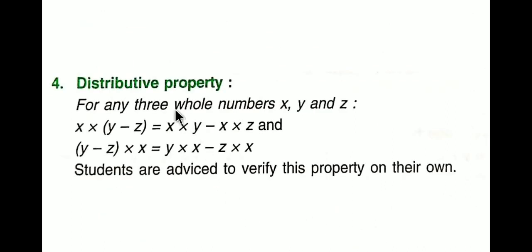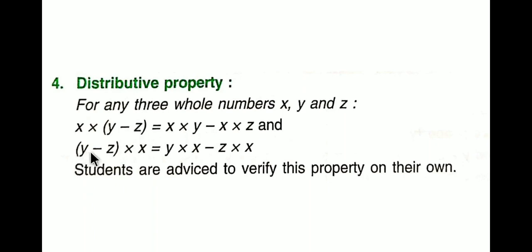Property number 4 is distributive property. Distributive property means we can distribute a number over others. Over here, x into y minus z is there. So here x gets distributed: x gets multiplied with y, and again x gets multiplied with z, and there is a minus sign between them.